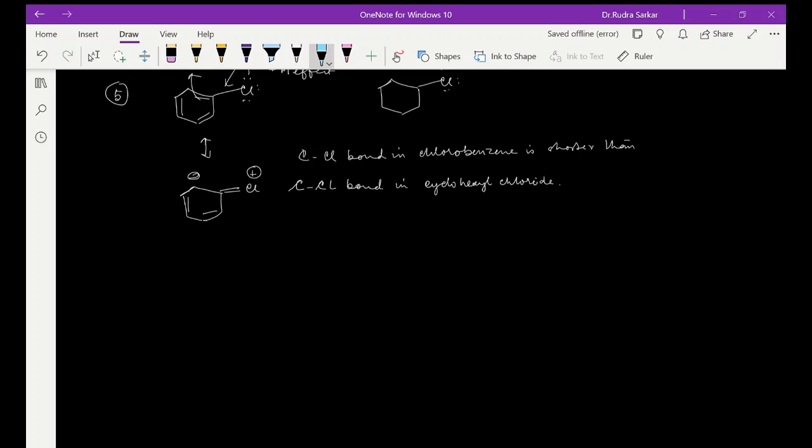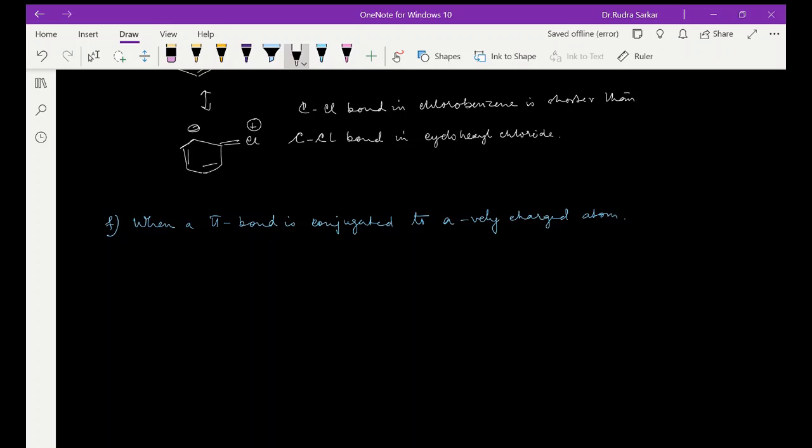Next, when a pi bond is conjugated to a negatively charged atom, there also it will show plus M effect.